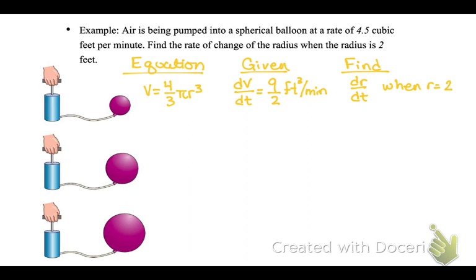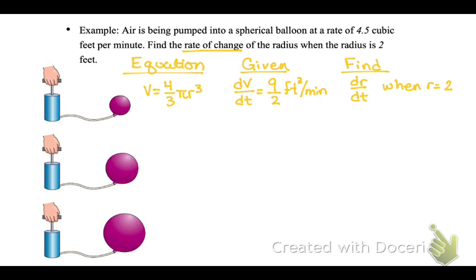You could put that with the given, but that's really not a given. Now, guys, why is it dr/dt and not just r? Because I want the rate of change. And the derivative is the instantaneous rate of change, correct? Yep.